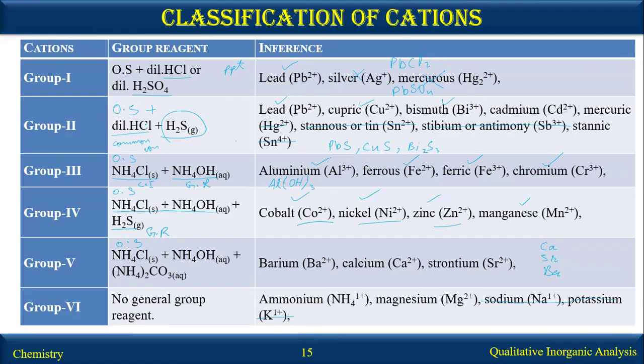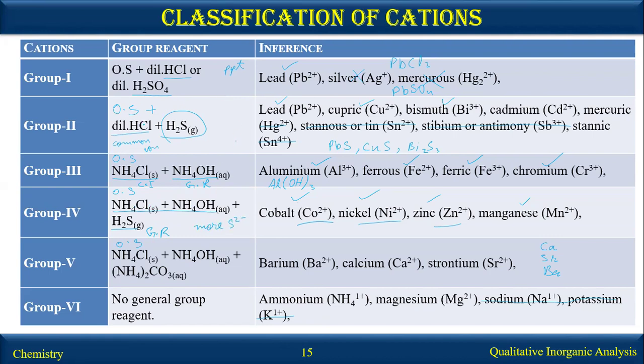But in group 2, it is in the presence of HCl, in acidic medium. In group 4, it is in the presence of ammonium chloride and ammonium hydroxide, in alkaline medium. But the difference is not the alkaline and the acidic medium. The difference is that in this condition, it generates more sulfide ions.